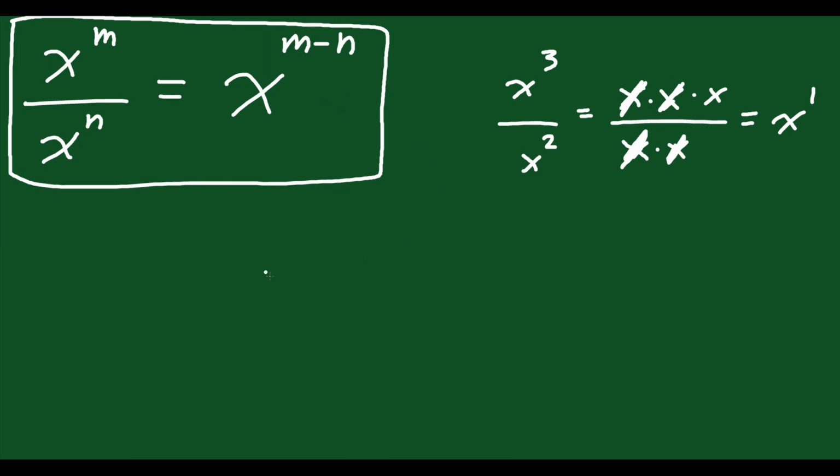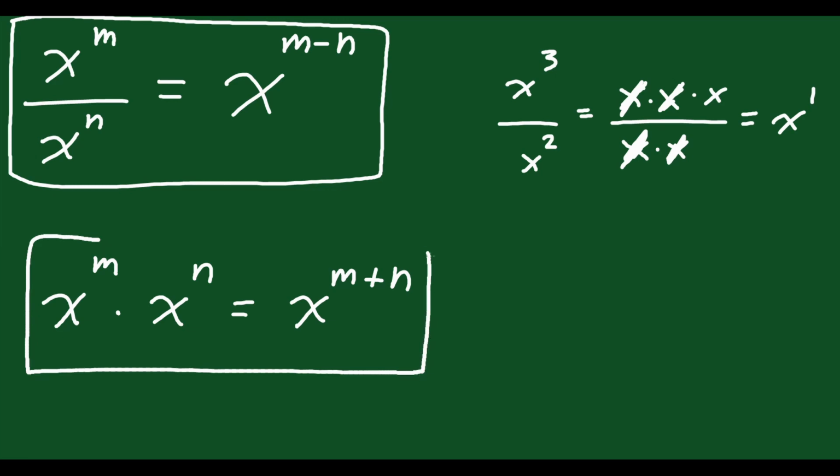Now what's nice is this also works for multiplication. So let's say you have x to the m times x to the n. Well, this is just equal to x to the m plus n. So a very similar rule, except we're multiplying now, and you add the exponents together. So an example of this, let's say you had x to the 3 times x to the 2.